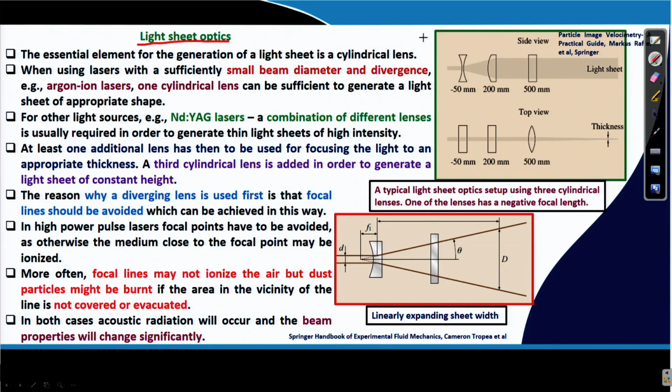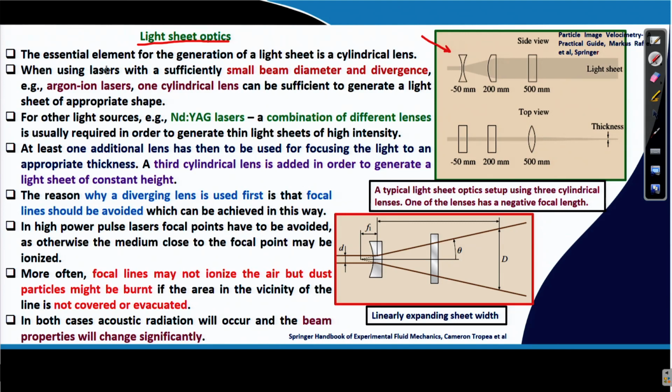You can see that there are lenses which are arranged in order to get us an appropriate light sheet, which would help us to illuminate the tracer particles as they move along with the flow.